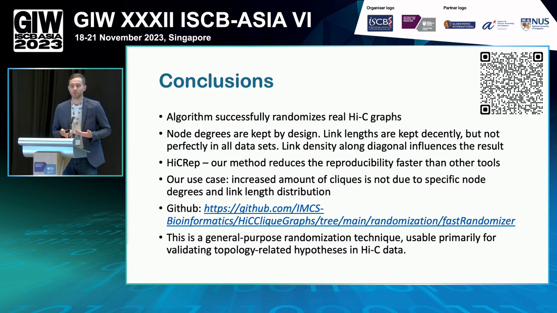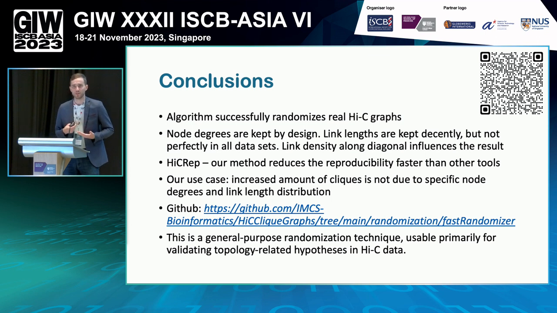Our method reduces the reproducibility score faster than any other randomization that we used. The randomization was used successfully in our other study to validate the results of a topological study, and we hope that it can be of use to some other studies as well.